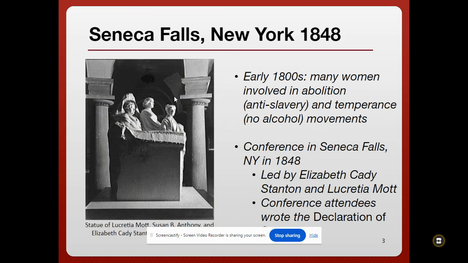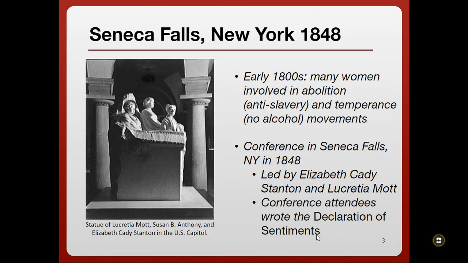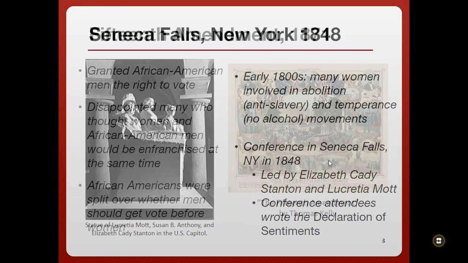And then Seneca Falls, which was an early movement for women's suffrage, led by Elizabeth Cady Stanton and Lucretia Mott, and they wrote the Declaration of Sentiments, which was modeled after the Declaration of Independence. Very interesting thing that happened.